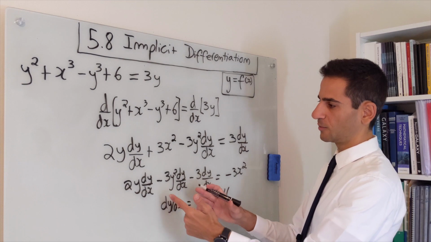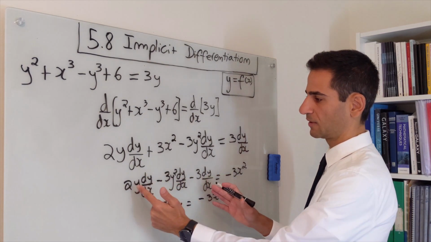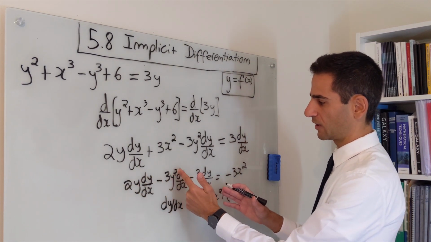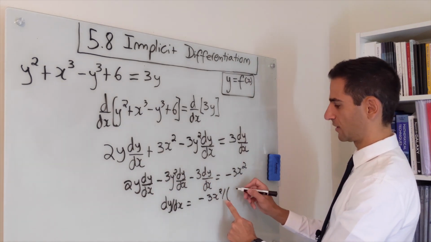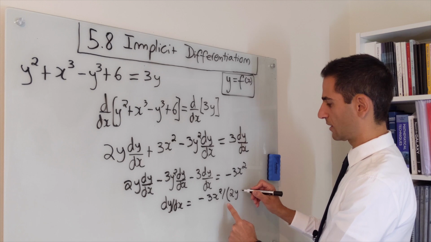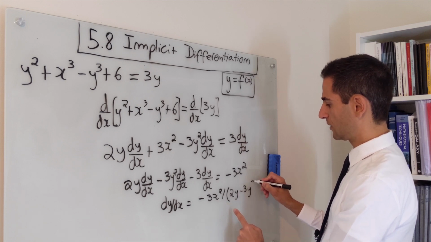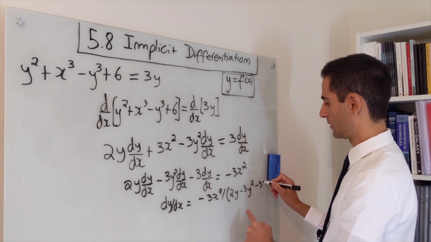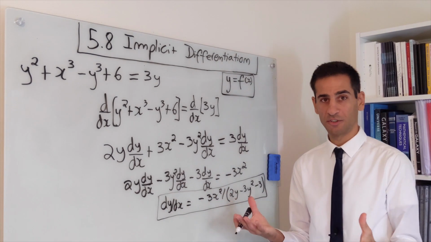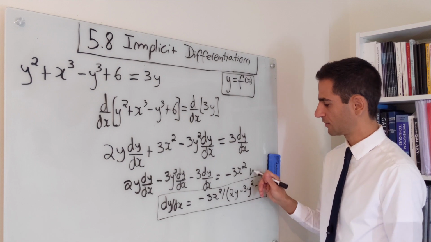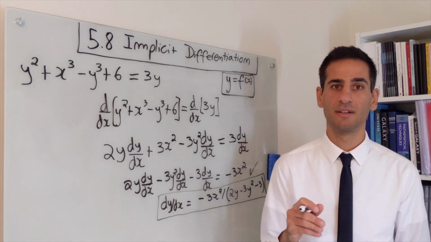In this case, you would be having dy dx times 2y minus 3y squared minus 3. So I'm just going to take that term already, and I am dividing by it. So that's 2y minus 3y squared minus 3, which gives you your final answer, which you can check on the lecture notes to see that it is correct.